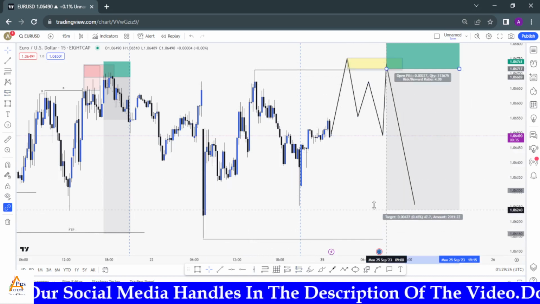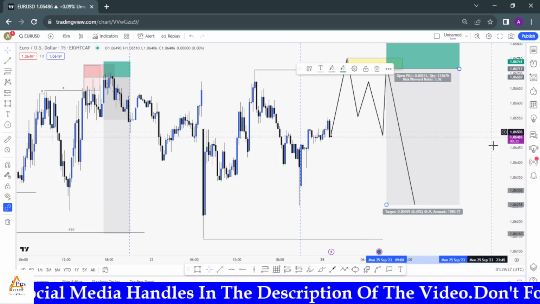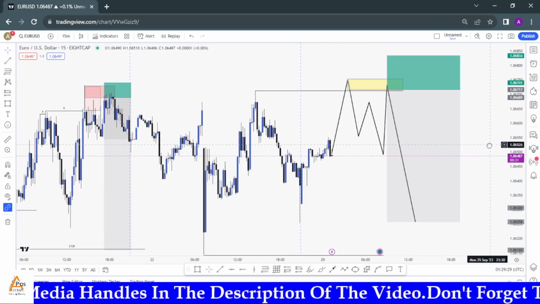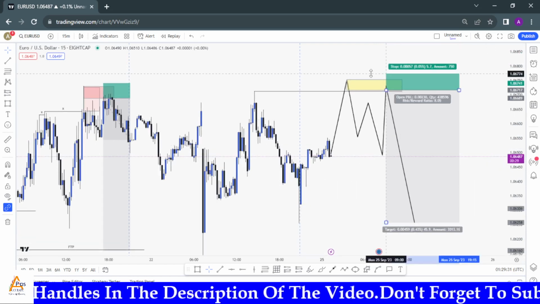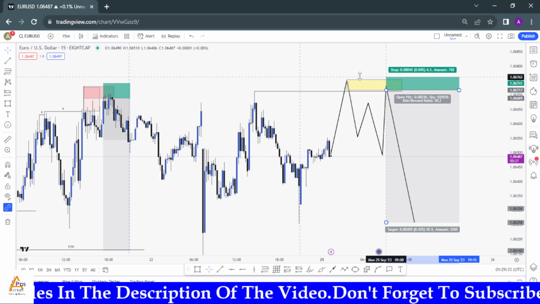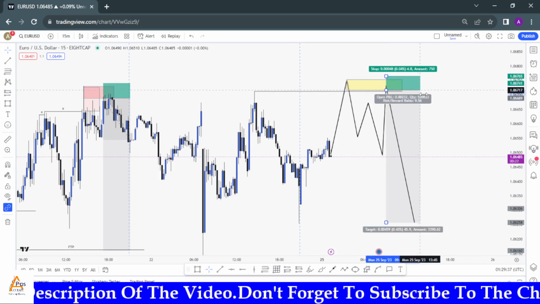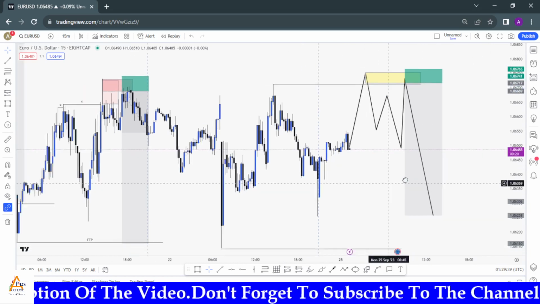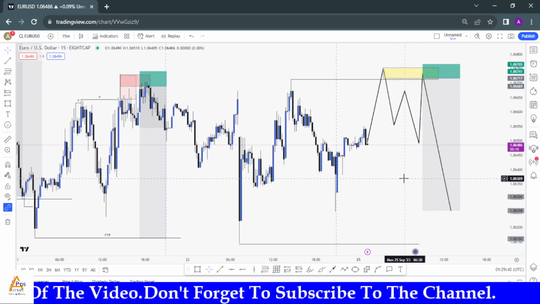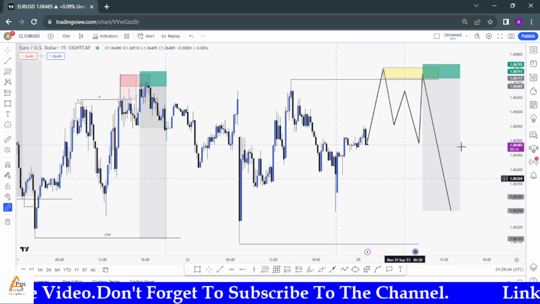Get the confirmation first. Follow your rules, follow your trading strategy before you enter the trade. You don't just enter trade blindly. Please, guys, don't just enter trade blindly.